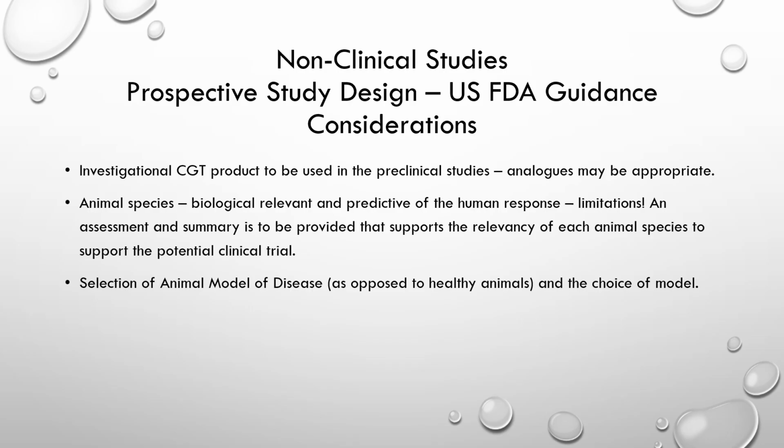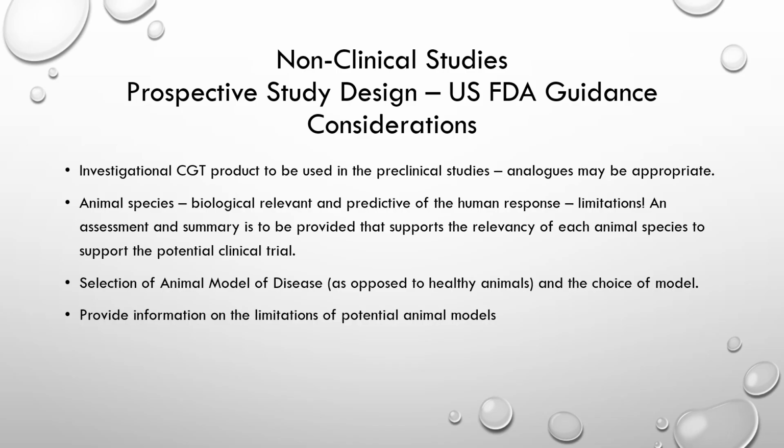Again, you need to select your animal model for disease. You can't really use healthy animals because it's not going to give you the information you require, and it's not ethical either. Because of the mechanism of action for these particular drugs, you need to look at issues with persistence, and you need to look at disease models that will give you more information on how these drugs are going to play out in a diseased human being.